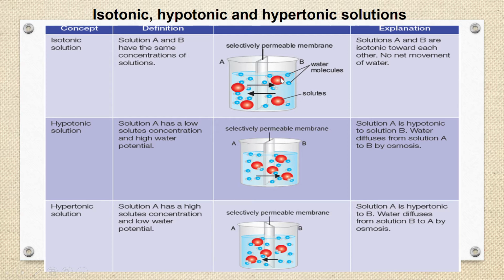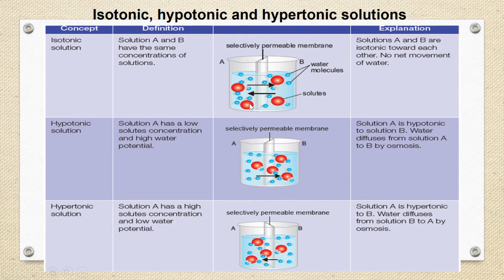So we have two compartments for us to compare the concentration of the solution, and we name it as solution A and solution B. So since this is isotonic solution, solution A and B have the same concentrations of solution. So that means we can say that solution A and B are isotonic towards one another.